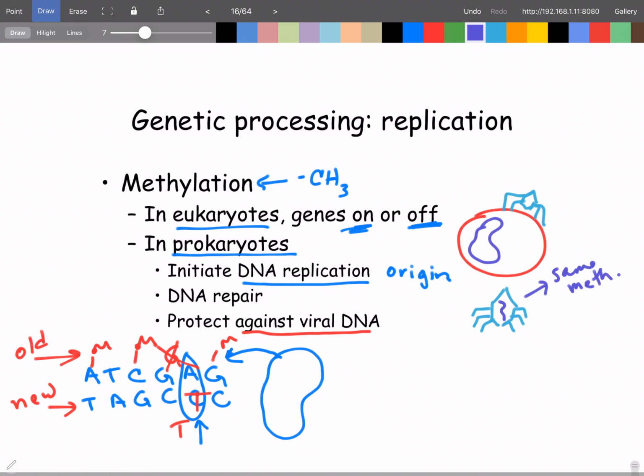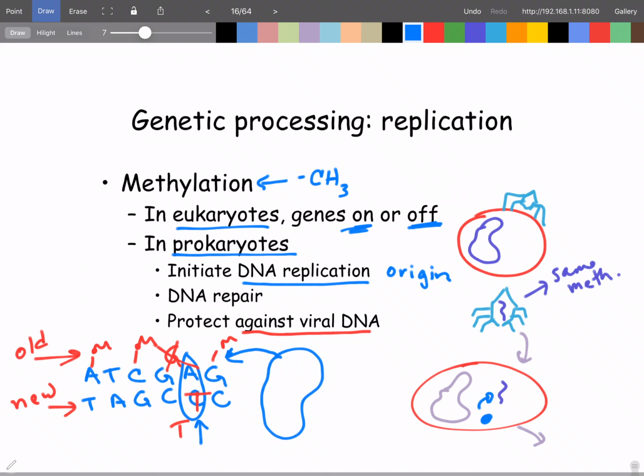Okay, and let's say this virus goes on to infect another cell. And this other cell has a different set of DNA methylases. So the viruses that inject their DNA into this host bacterium, well, the bacterium is going to have enzymes that are able to see that DNA and its methylation pattern.